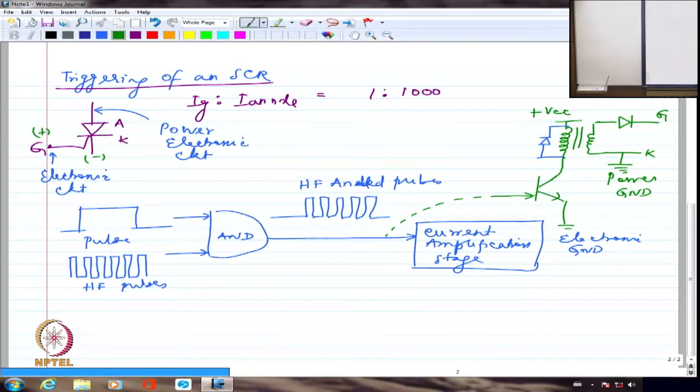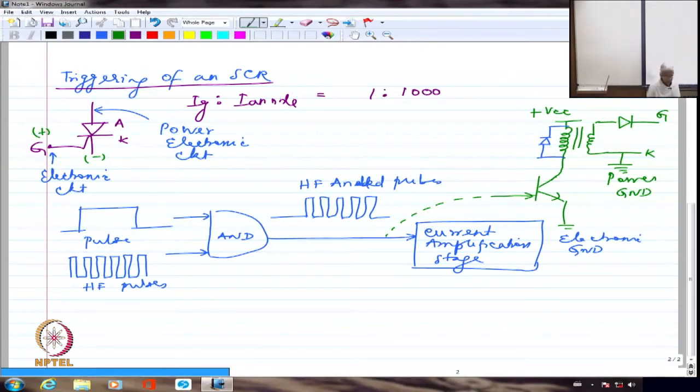That is the major advantage of having an SCR, and we can have basically isolation with the help of a transformer, which we will see eventually that in BJTs or MOSFETs or IGBTs, we will not be able to do, because there, if you give a base pulse, the base pulse has to be in high condition continuously for the device to conduct. If the base pulse is not in high condition, it will come from on state to off state, and we don't want in all probability our device to go from on state to off state.